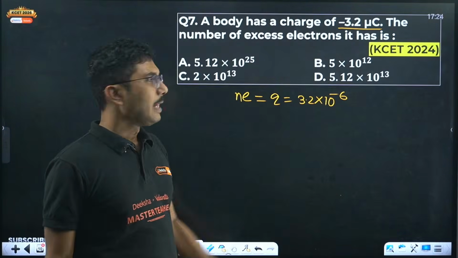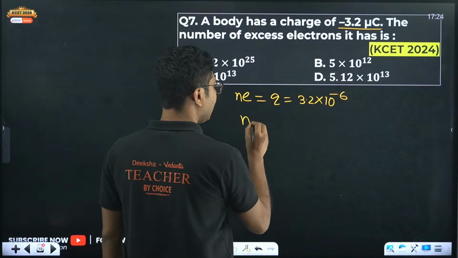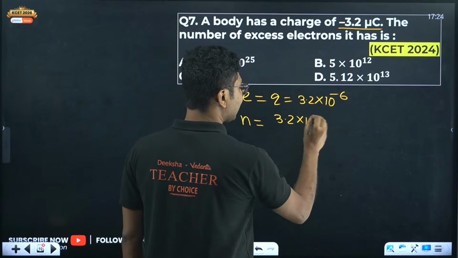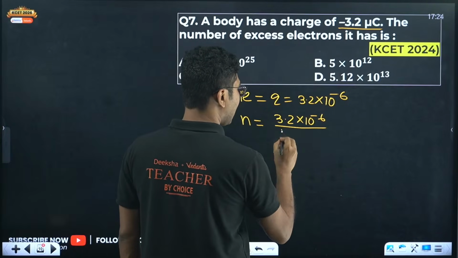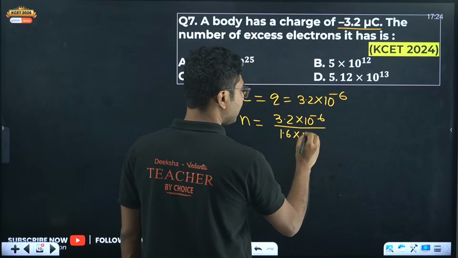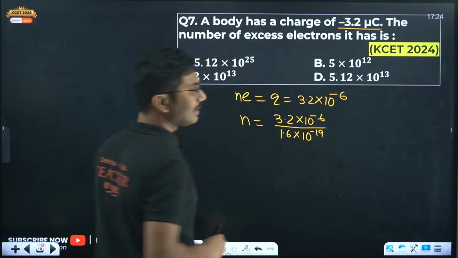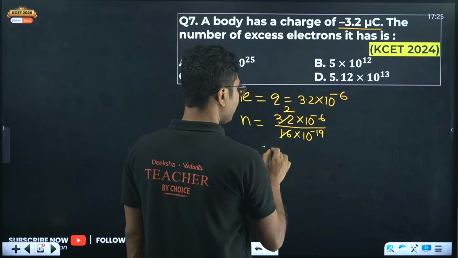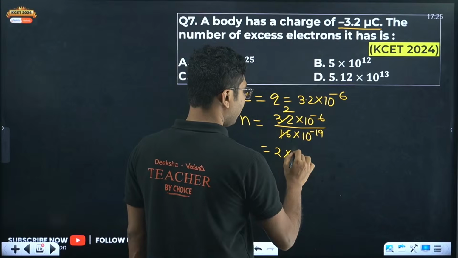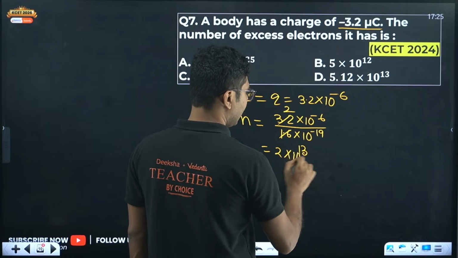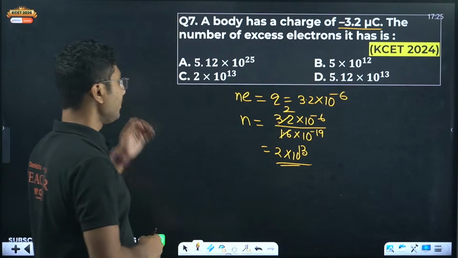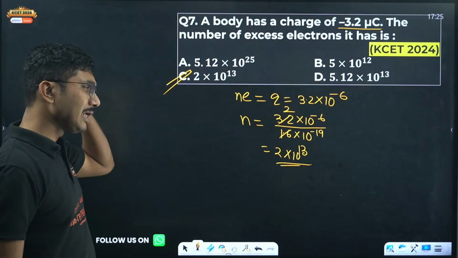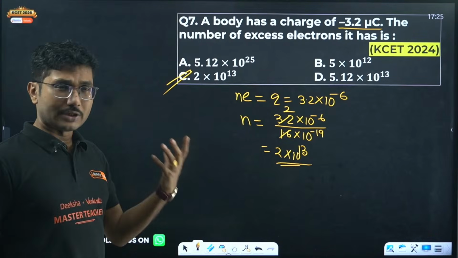Now the number of electrons will be given by 3.2 into 10 to the power of minus 6 divided by the charge of an electron, that is 1.6 into 10 to the power of minus 19. So you can simply cancel that 2. You will get 2 into 10 to the power of 13 extra electrons. So the correct answer is option C. Now I told you I will teach you a shortcut method.